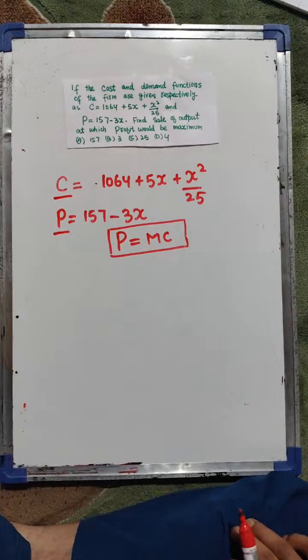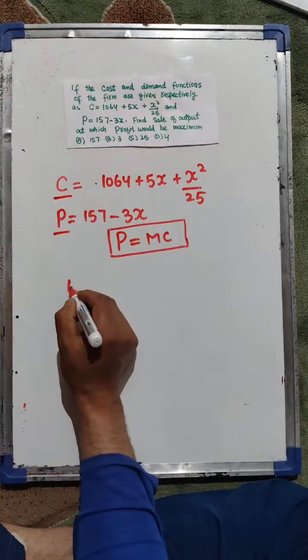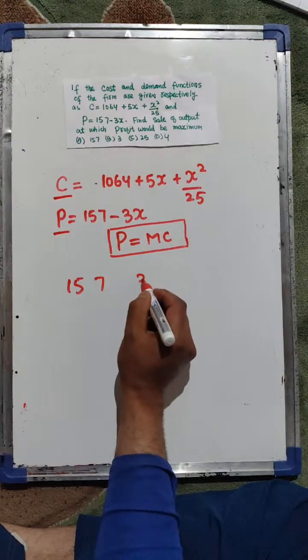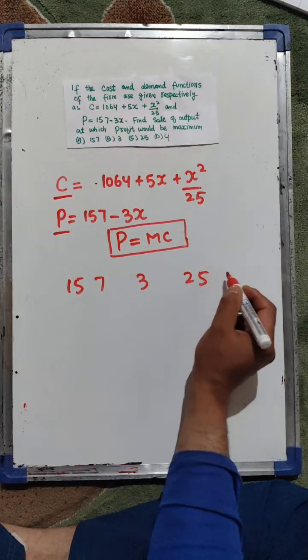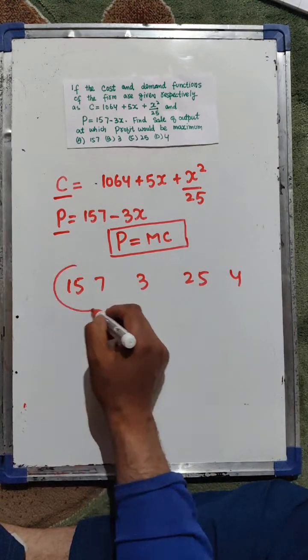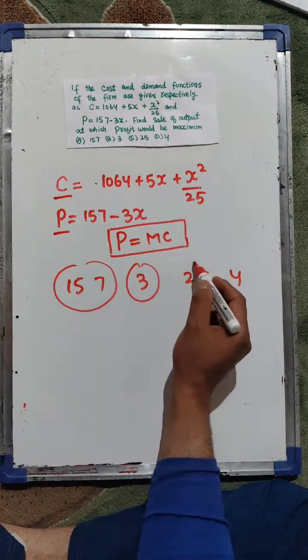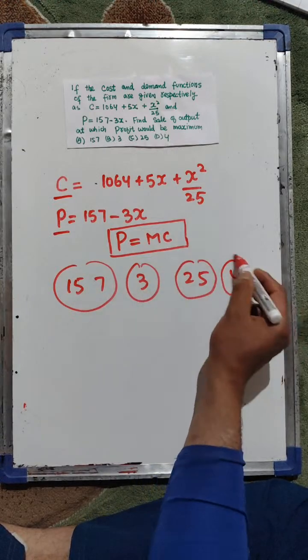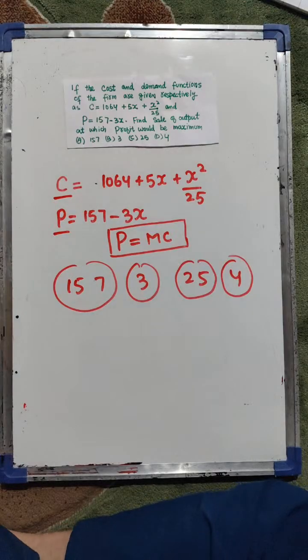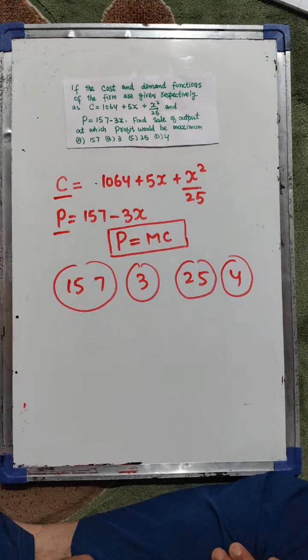Can anyone guess? We have the options 157, 3, 25, and 4. Among these you have to pick the right option. It's a basic question.